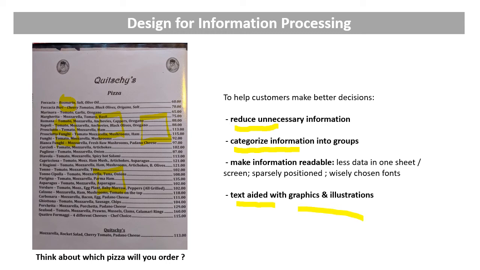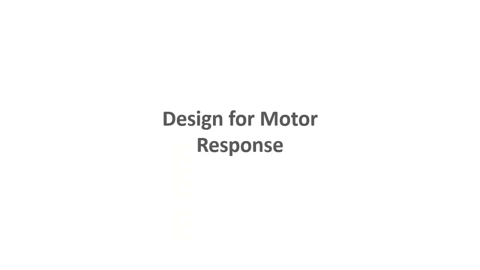So you can redesign such a menu into a more readable, legible menu, which will help customers decide what item to choose, and will also help them reduce the time to process the information, right?